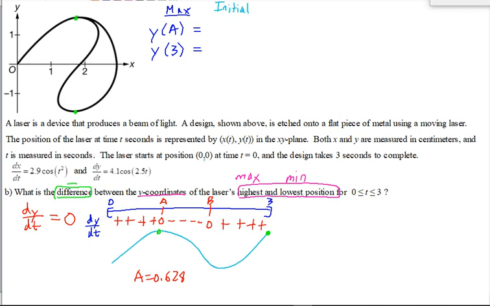Since it starts at 0, 0, the initial y-coordinate is 0, plus the change, here would be the integral 0 to A of dy dt. And here would be the integral from 0 to 3 of dy dt.